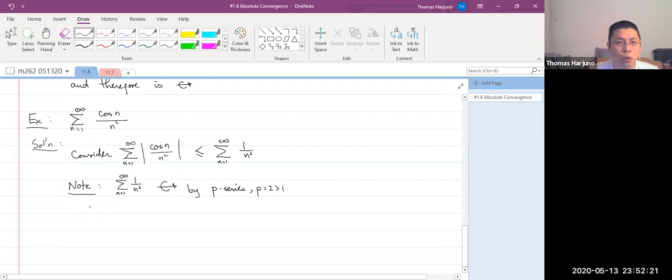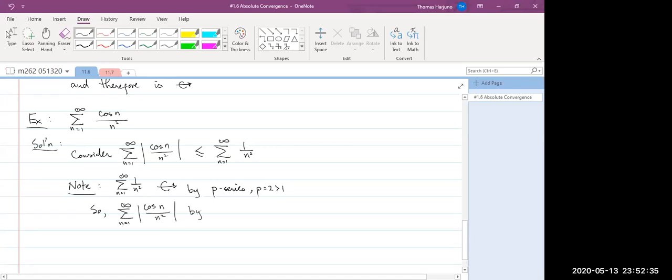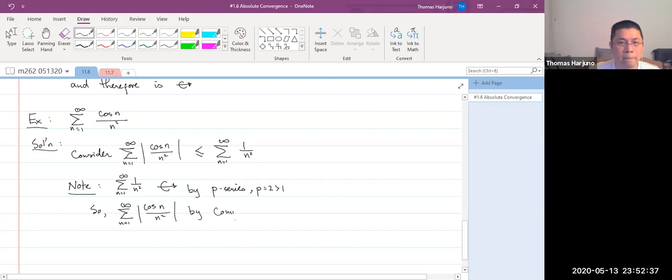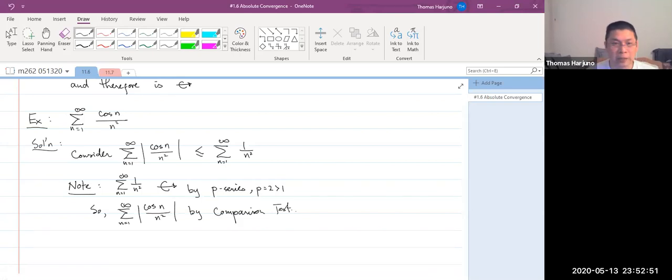So by what reason is the series of the absolute value convergent? By the comparison test. It's bounded above by something convergent, and the terms are positive.